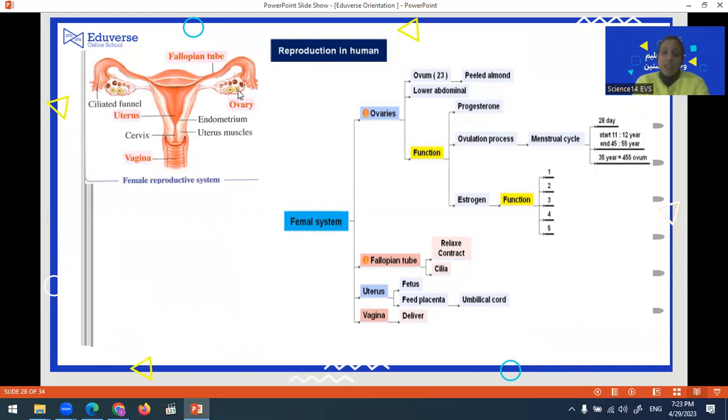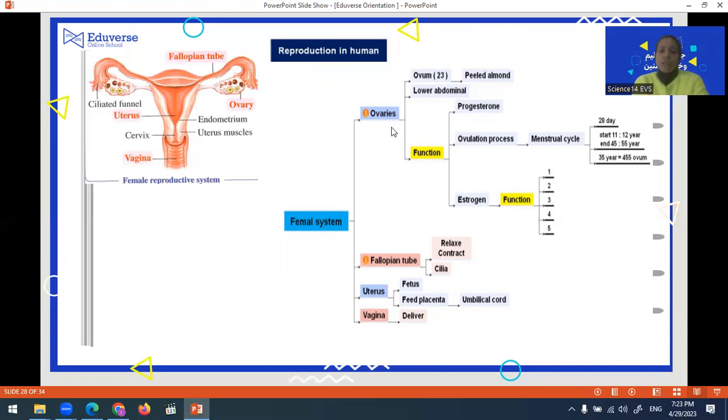The ovum, which carries 23 chromosomes only, as the sperm carries another 23 chromosomes, to fuse together to form the zygote with 46 chromosomes. What's the shape of the ovary? It's like a bean-like element. Its place is the lower abdomen.